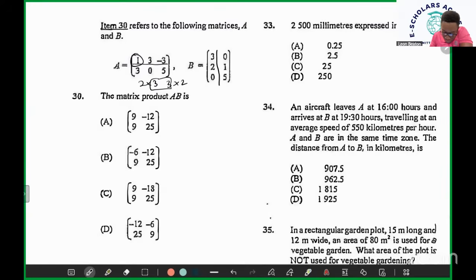Row by column: 1 times 3 plus 3 times 2 plus negative 3 times 0. Then I'll roll over to the bottom piece: 3 times 3 plus 0 times 2, which is 0, plus 5 times 0, which is 0.